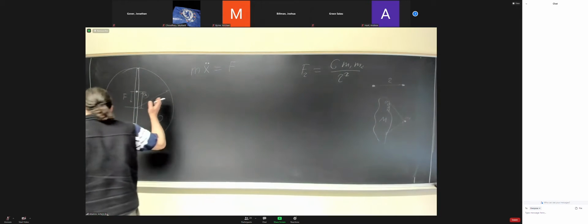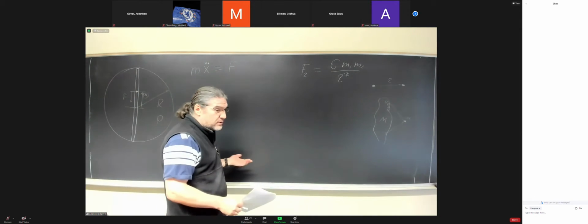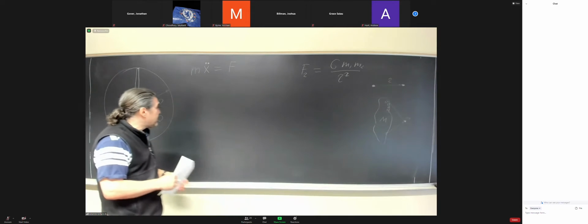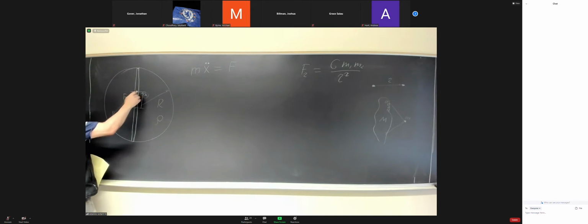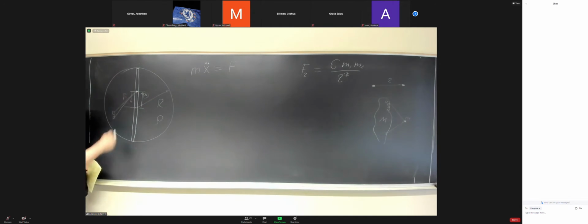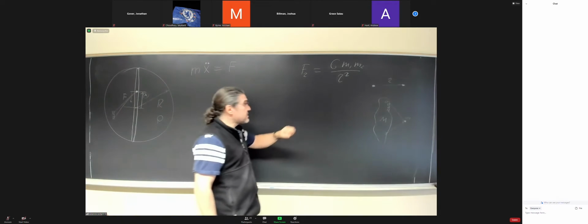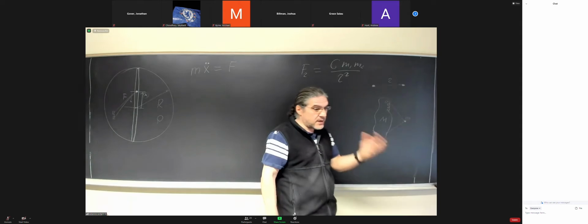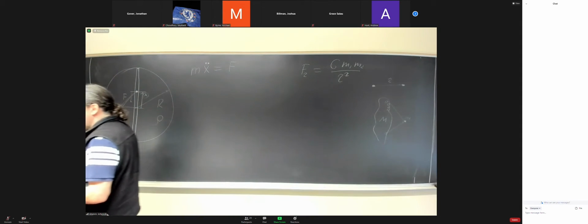The distance x is smaller than r. So we need to figure out what the force is. We can do exactly the same procedure. We can split Earth into many small pieces and compute the force between each of those pieces and our point-like mass using this formula, and then sum up all the forces and find the resulting force which acts on the object.